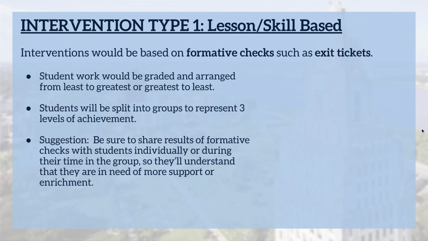Then you want to split those students into groups by the three levels of achievement. Again, be sure to share the results with them and give them that individual feedback so they know exactly what their misconception was or where they were struggling.